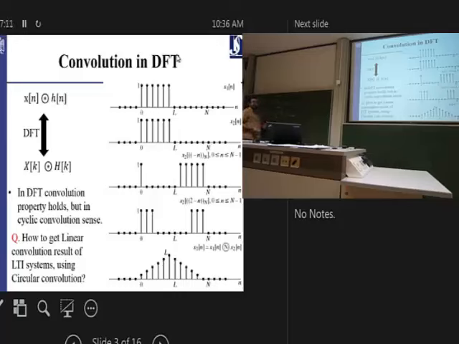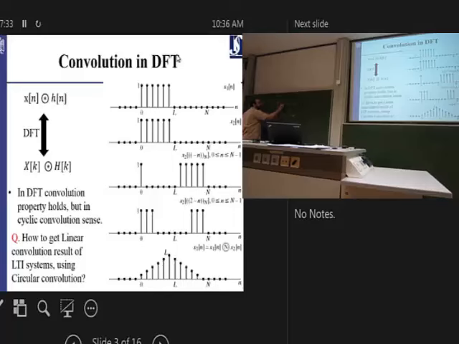So you should see the signals x of n and h of n like this, assuming that they both have the size of N, so you should look at the signal from 0 to N minus 1.